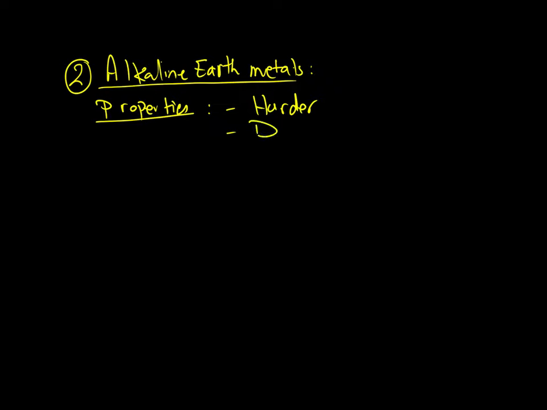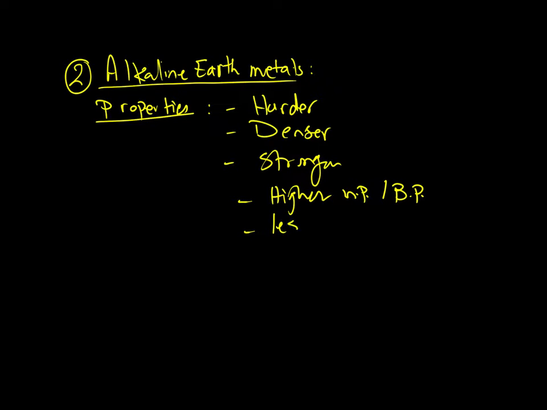They are denser or have higher density. They are stronger. They have higher melting point and boiling point than alkali metals. But they are less reactive. Of course, when you are talking about reactivity, we are discussing here chemical properties, not physical. They are less reactive than alkali metals.